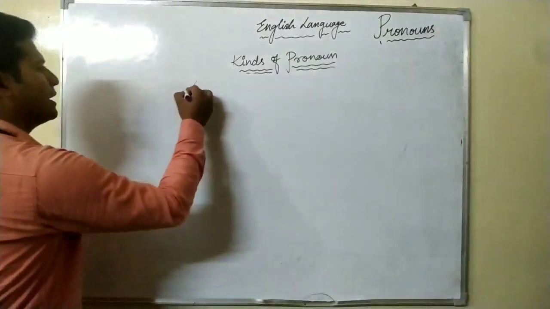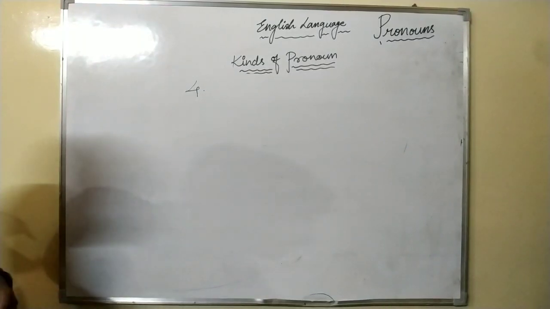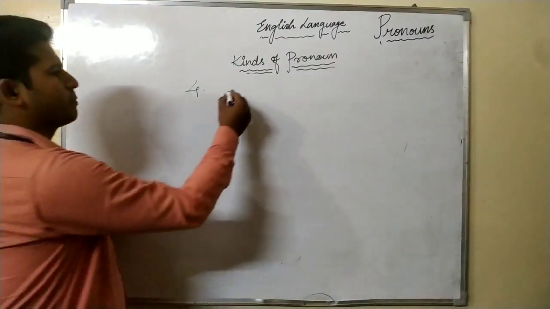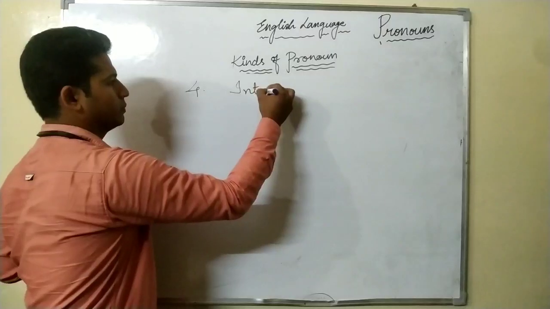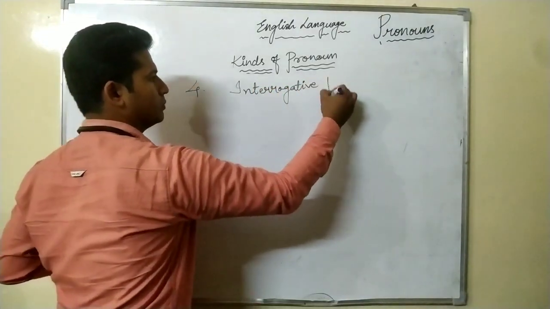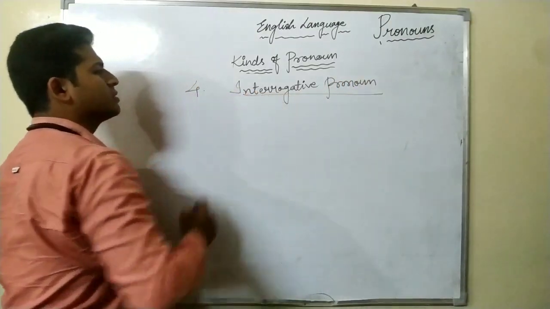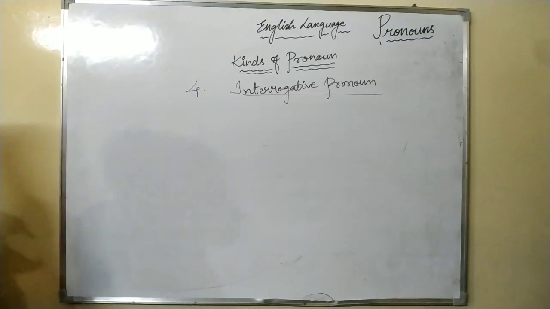Let's talk about the next kind, which is the fourth one, and an easy one, interrogative pronoun. Since a pronoun replaces a noun, when you find any word which is replacing a noun, that is a pronoun.